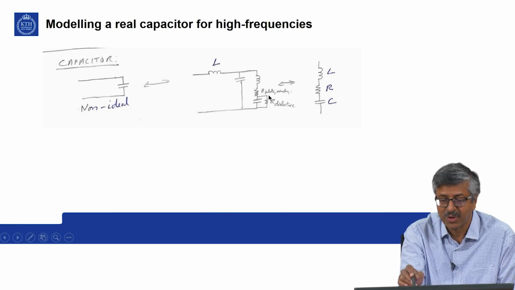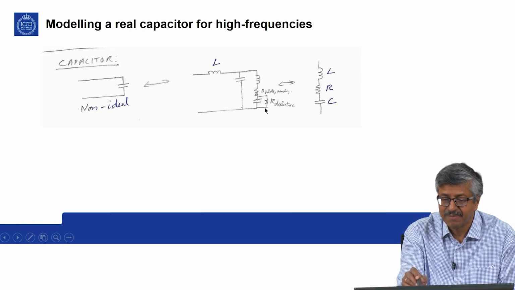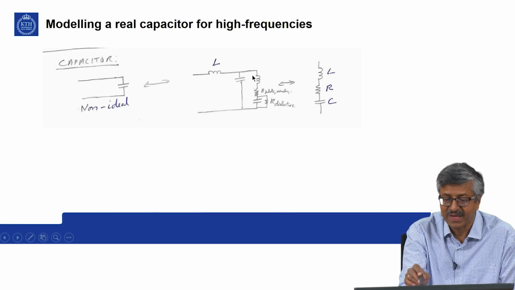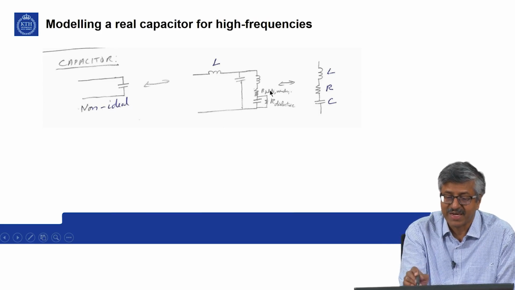If it is a wound capacitor, we can absorb that into this. Similarly, internally you can also have an inductance and the dielectric resistance of the capacitor across C, but that also is quite high, so that can be neglected.